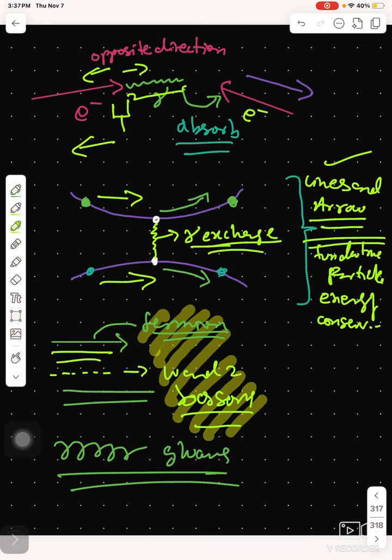What we need to know is that the arrows, the ones I highlighted, their direction matters.